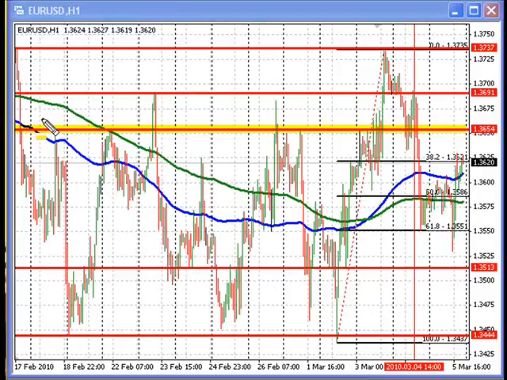You can plainly see 1, 2, 3, 4, 5, 6, 7, 8 or so different bars that came up to the 54 level and came down, broke through it, came back down. It used it as resistance, resistance, resistance, resistance, then broke through it and went higher. It's kind of waffled around the level and came back down. So 136.54, key level for you to keep an eye out for next week.